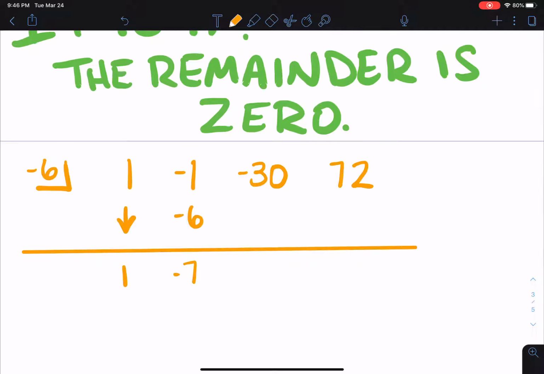These multiplied together, negative 6 and negative 7, are going to give us positive 42, right? Negative 6, negative 7 is positive 42. Add those two, negative 30 and 42, should give us 12. 12 and negative 6. If we multiply those, that should give us negative 72. 72 minus 72 is 0.